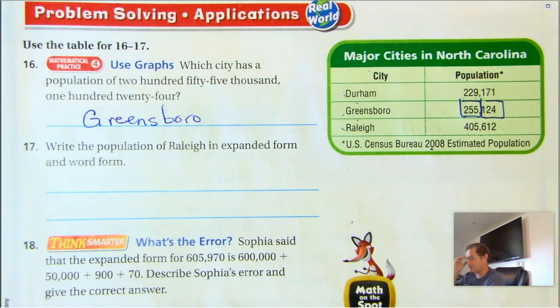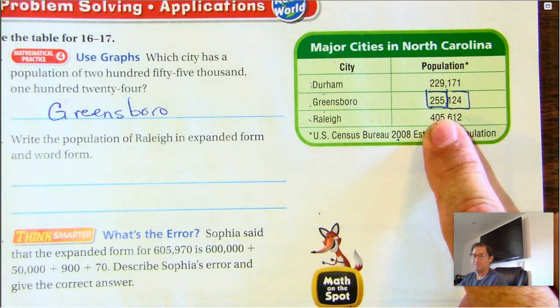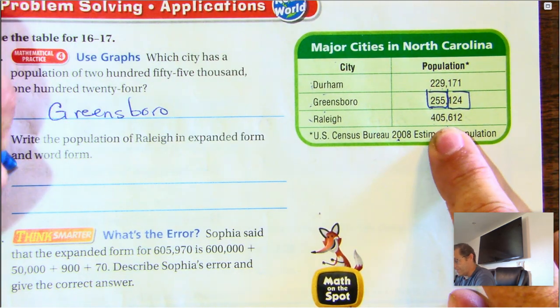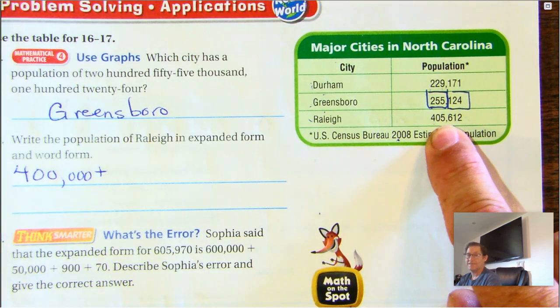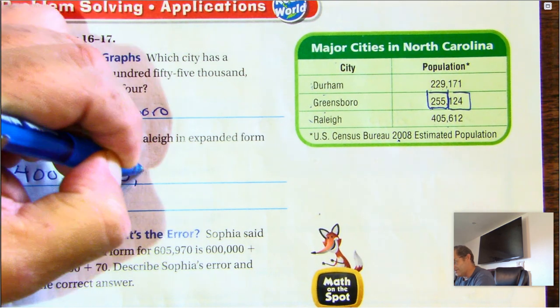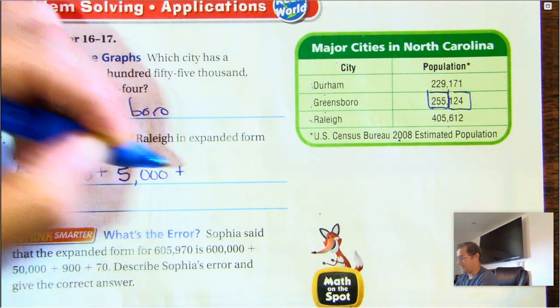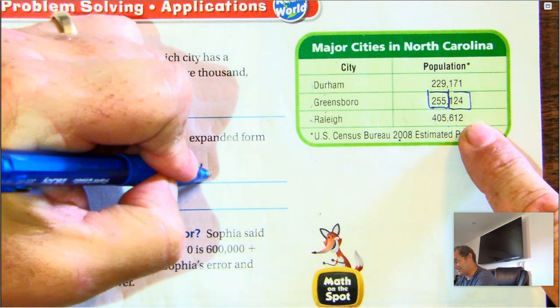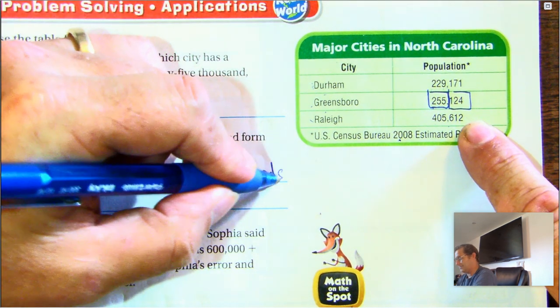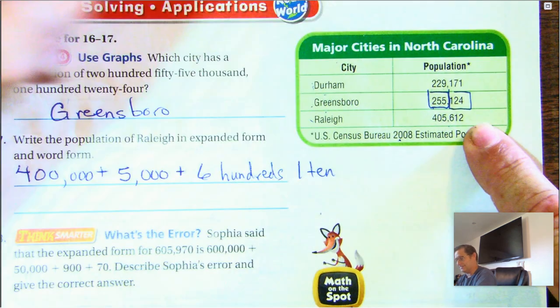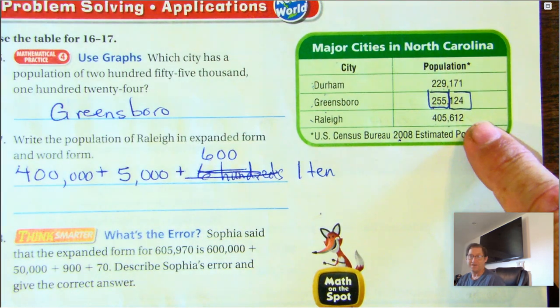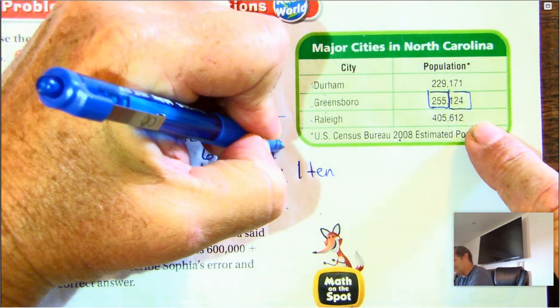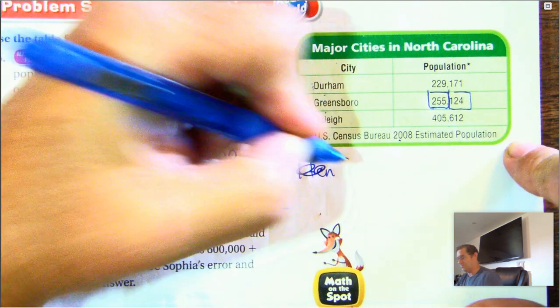17. Write the population of Raleigh in expanded form and word form. So we're going to write this number in expanded form. So we have 400,000s, no 10,000s, and we have 5,000s. Then we have our ones period, which is 600s, 110. Oh, I combined them. Sorry, guys. 600 plus 10 plus 2.